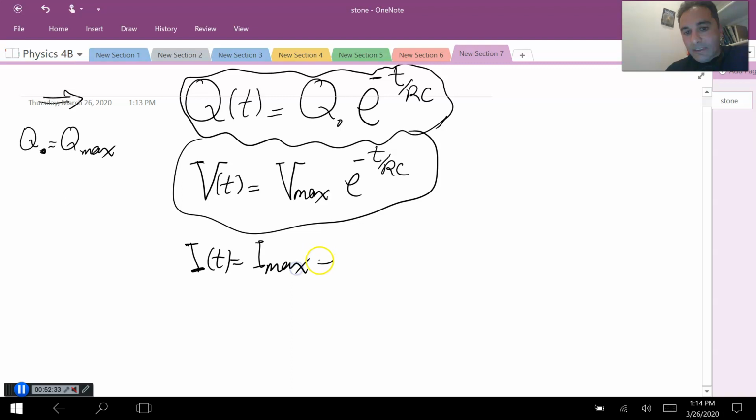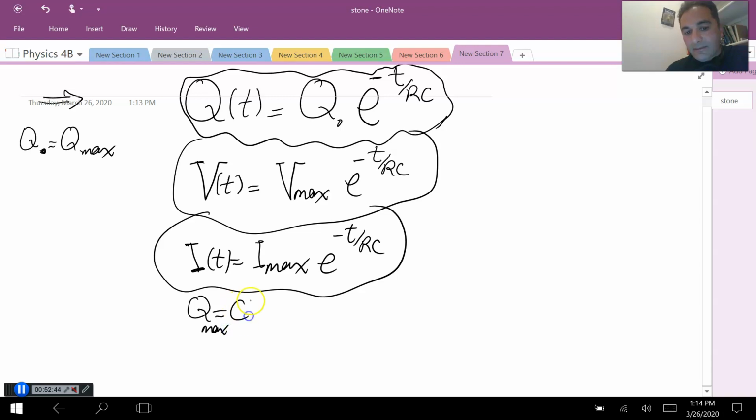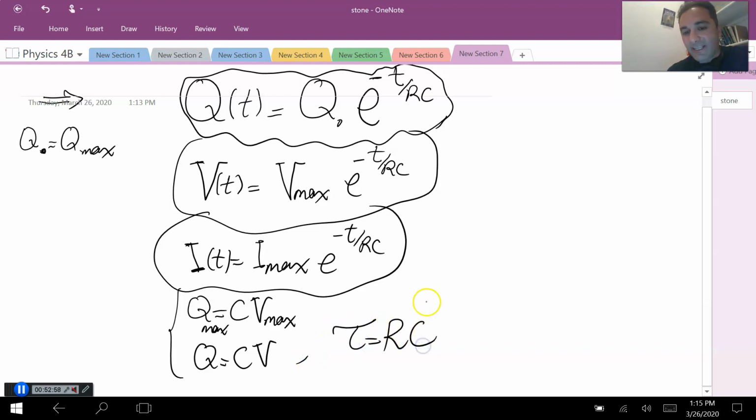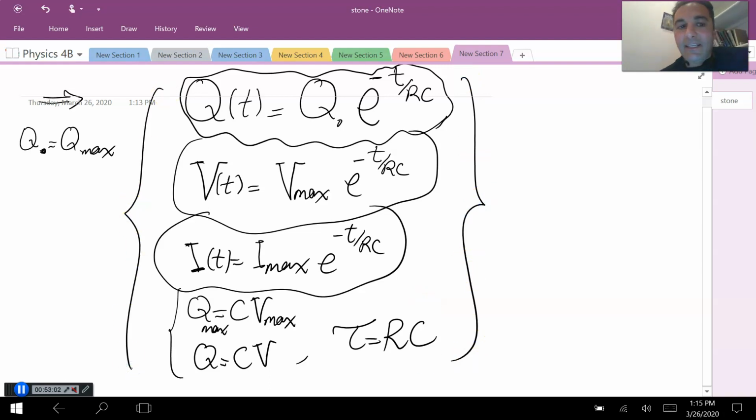I max e to the negative t over RC. Q max is C V max. Q is the same as CV, and the time constant tau is equal to what? RC. These are all the equations in discharging of a capacitor.